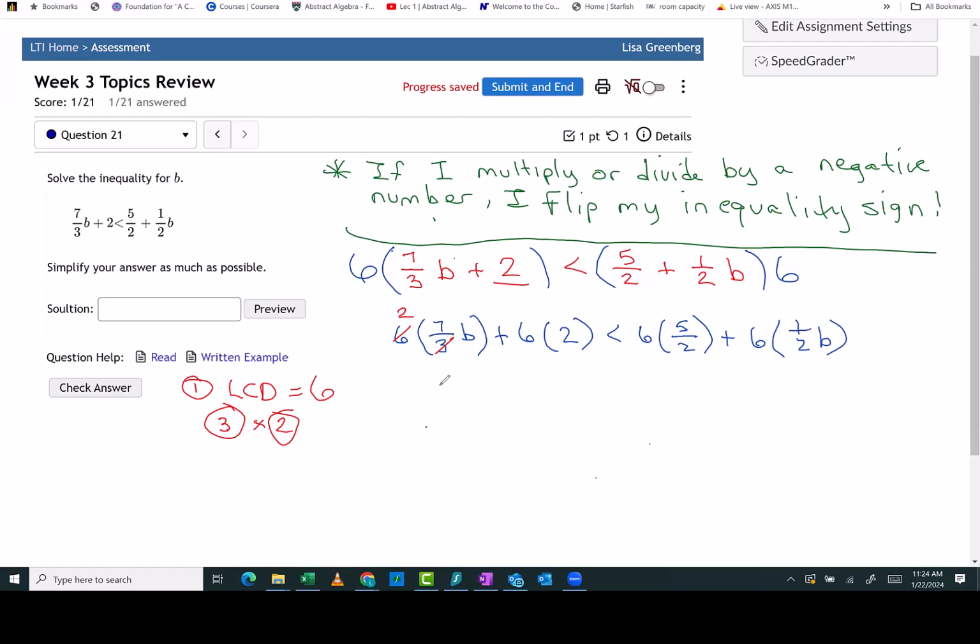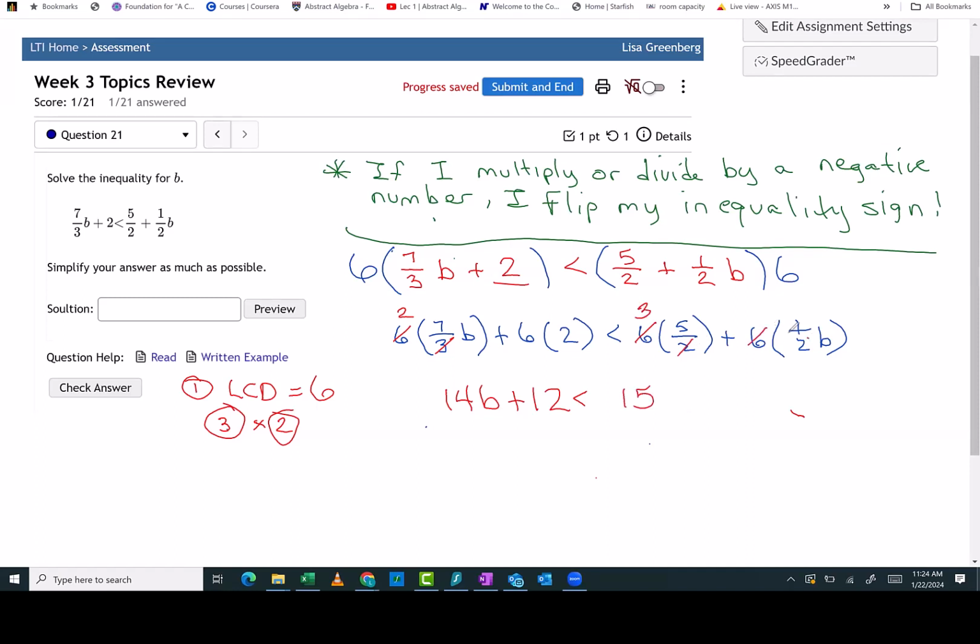On this side, I have 2 times 7, which is 14, times b plus 12. I haven't done anything to both sides. I already did it before. Now I have 6 divided by 2 is 3, which gives me 15.